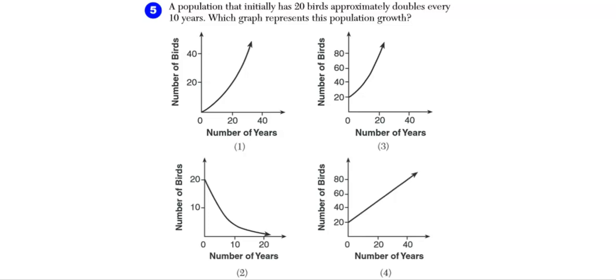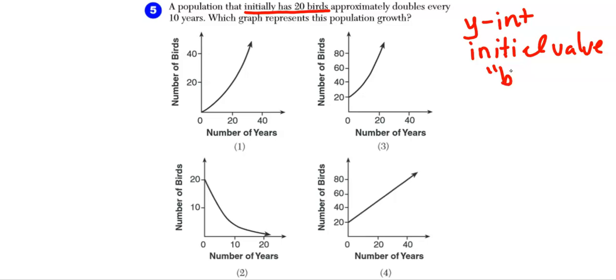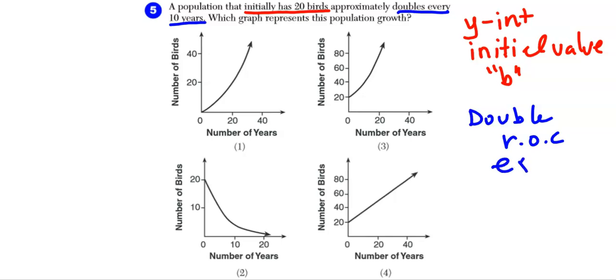Question number 5. The population initially has 20 birds. Okay, initially means that that's the y-intercept, the initial value, or the b term in an equation. It doubles every 10 years. Now, if you are doubling, that means your rate of change is multiplying, which is exponential.